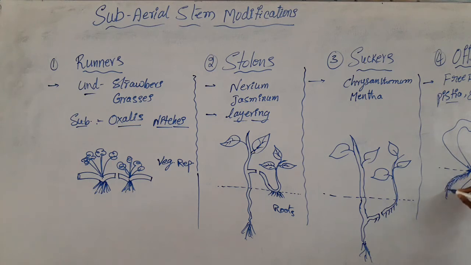These balancing roots also contain root pockets. You already know the root pockets and their nature. These root pockets maintain buoyancy of the plant inside the water. Buoyancy of the plant means it helps in balancing of the plant.